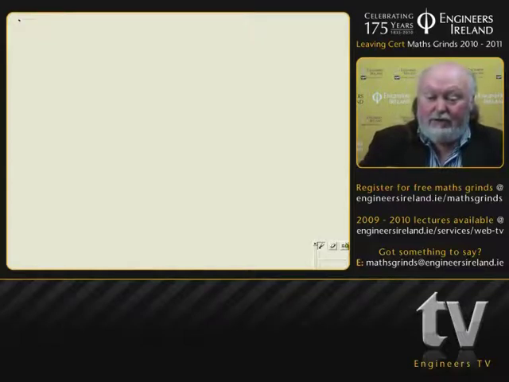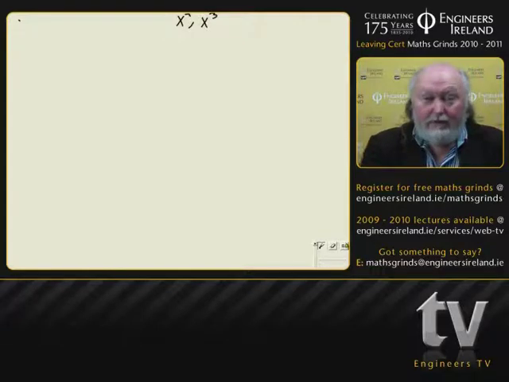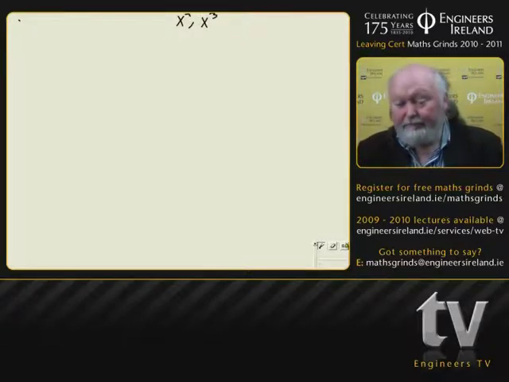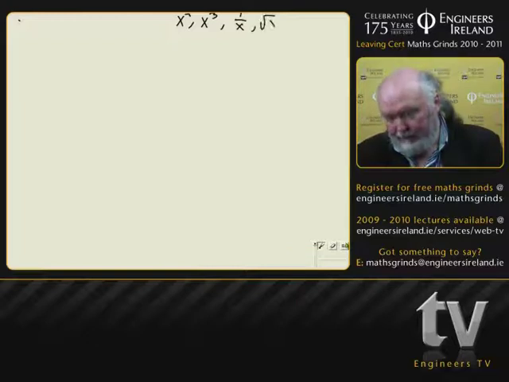You've seen the first one, which is very easy. X cubed is done almost the same way. You've got 1 over x, you've got root x, and the last 2 are trigonometric.